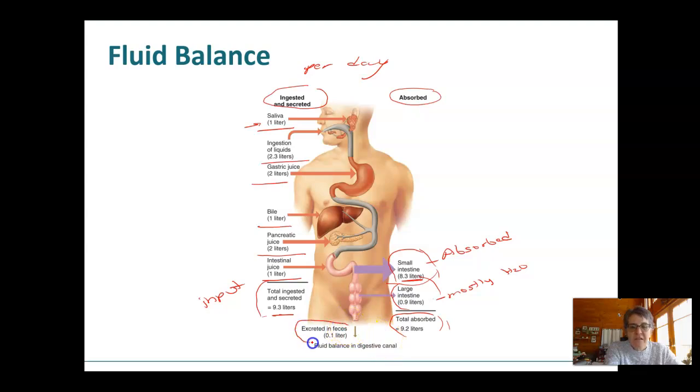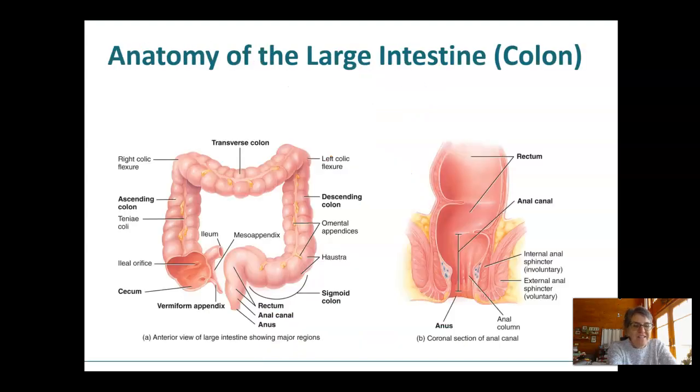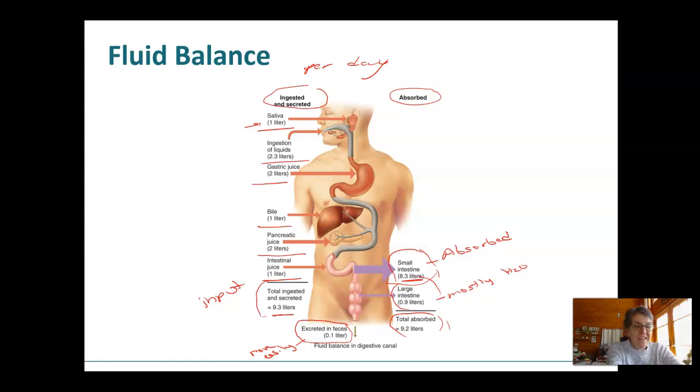And I will keep 0.1 liter in my feces so that things move easily. If I were to absorb that 0.1 liter, golf balls are going to be coming out of me, and that's not so fun. That just blows me away. 9.3 in, 9.2 kept in, and 0.1 released, right?